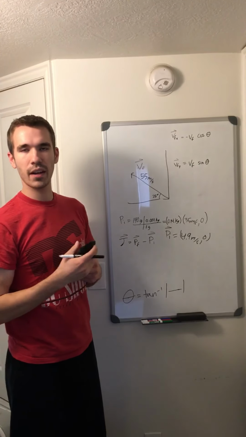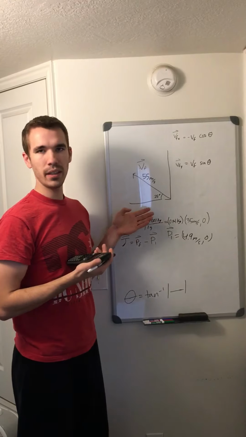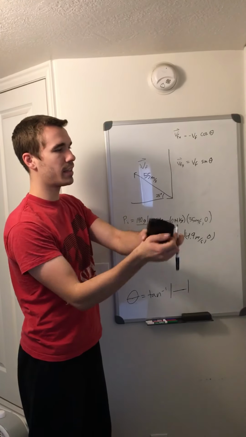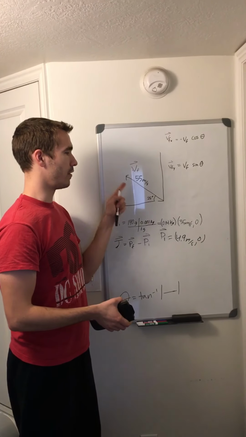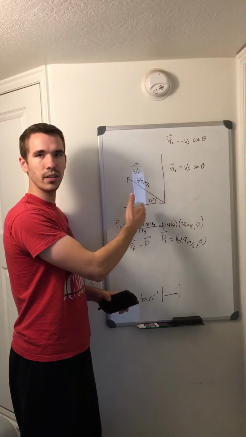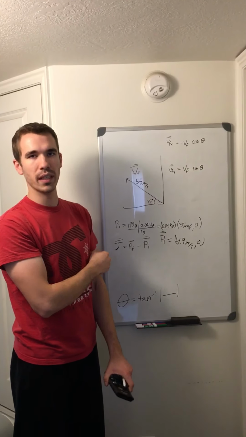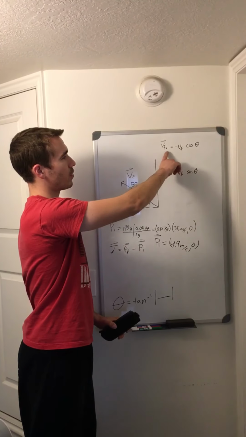And we know that the final velocity on the x component is going to be negative, because if it got hit to the left, it's traveling in the reverse direction on the horizontal. It's traveling to the left, so our value will be negative. So we can use this equation.